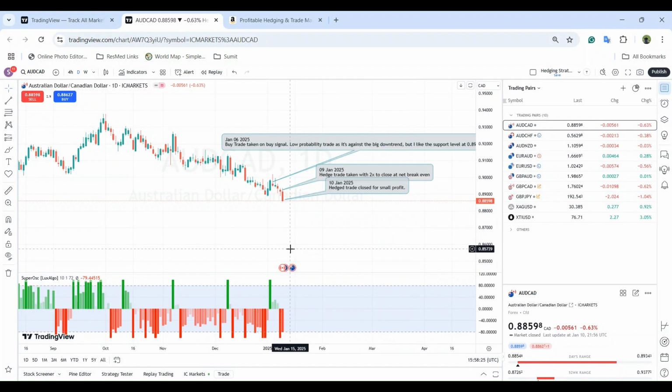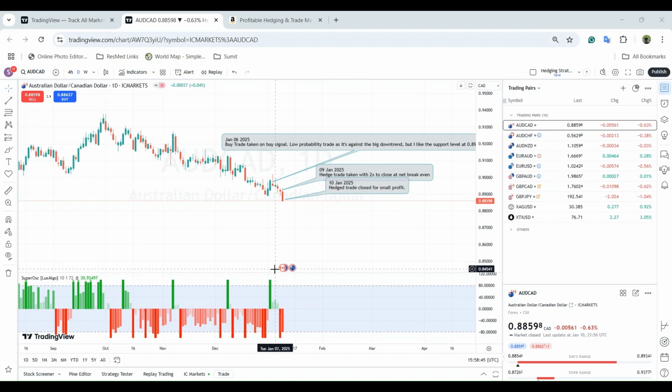Right, so let's talk about the trades taken this week. So on the 6th of January, as I made the notes there, and you can take your time to read through the notes. So we took the trade on the 6th of January, a buy trade.